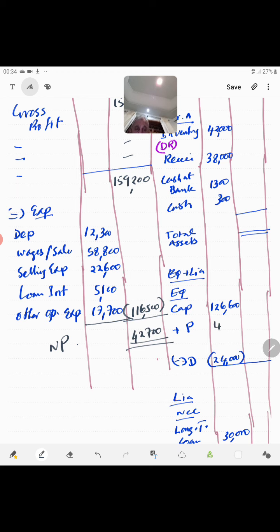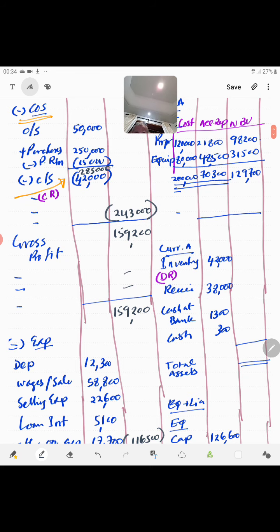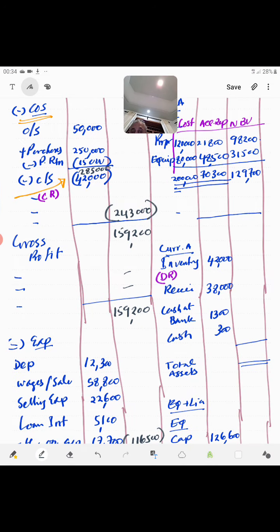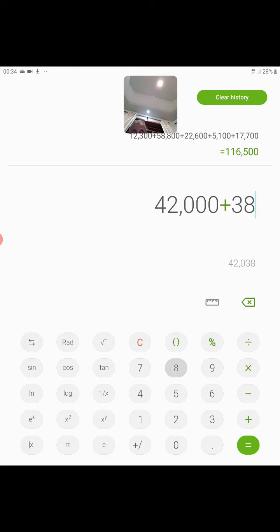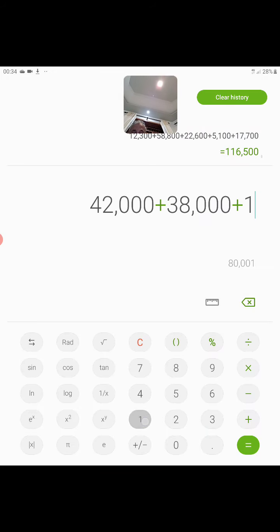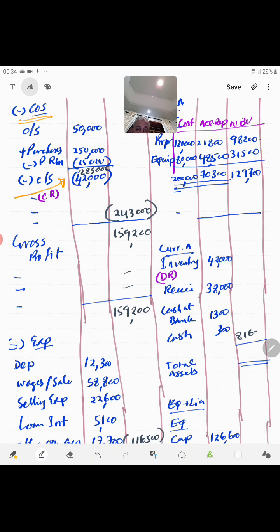Now 42,700 must be added here. Now we come to take the total of all the current assets: 42,000 stocks, receivable 38,000, plus cash at bank 1,300 and cash 300, 81,600. And no other non-current asset there.